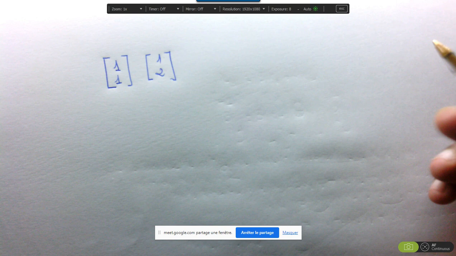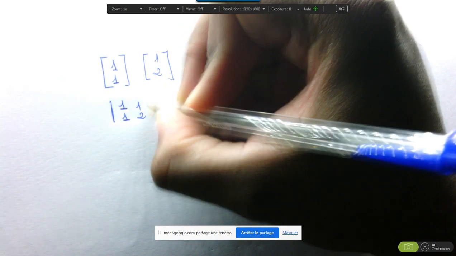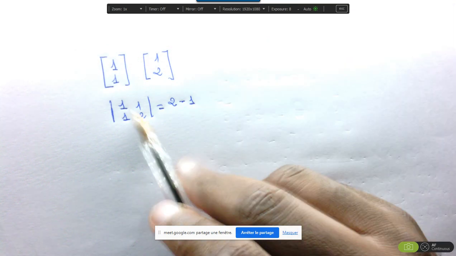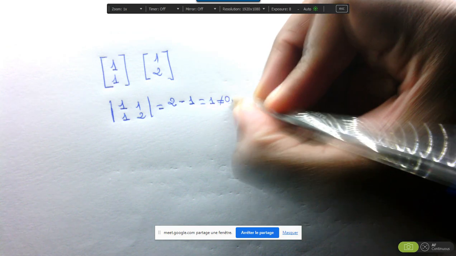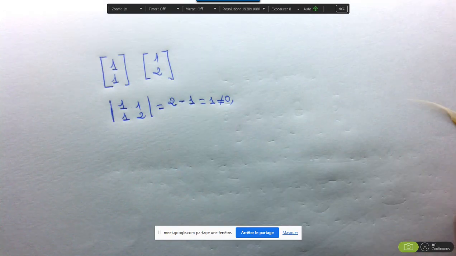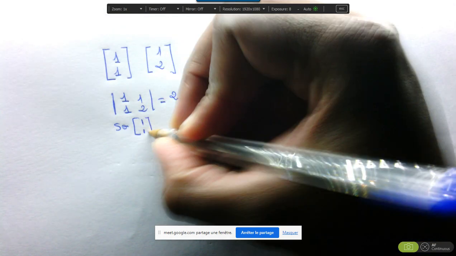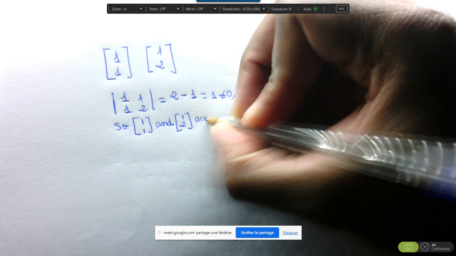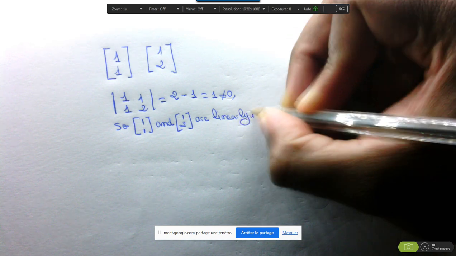Normally, if I want to finish it quickly, I write 1 1 1 2, and compute 2 minus 1. I get 1, not equal to 0, so these two vectors [1, 1] and [1, 2] are linearly independent.